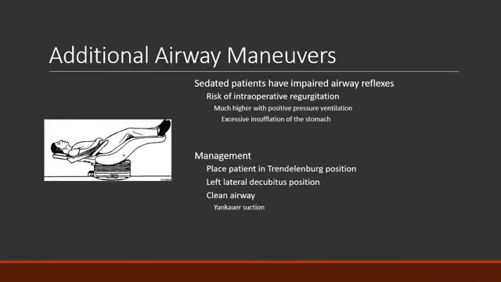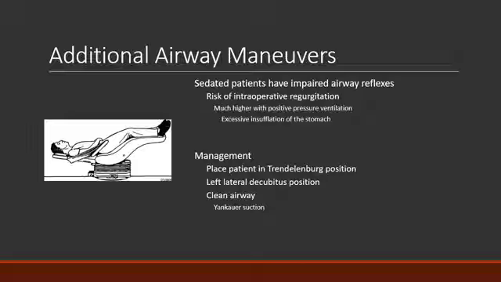Now, to talk about some additional airway maneuvers, as I mentioned before, with sedated patients, not only do they have a loss of airway musculature that makes them more prone to airway obstruction, but sedated patients also have impaired airway reflexes. And so that puts them at a higher risk of intraoperative regurgitation.